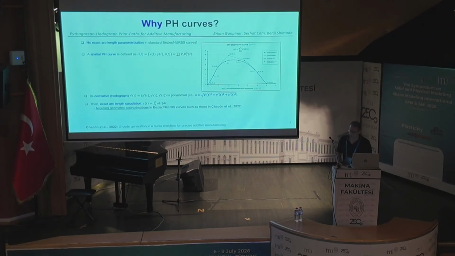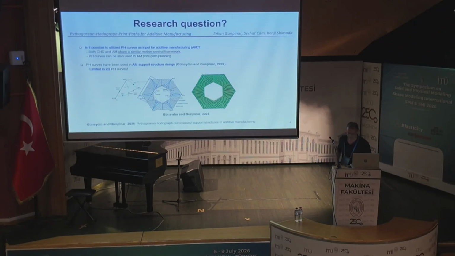Standard Bézier and NURBS curves lack an exact algebraic arc-length parameterization. So this is sigma, the parametric speed for the curves. So this is a polynomial so that we can exactly calculate the arc length of a curve. That's why they use it in subtractive manufacturing.